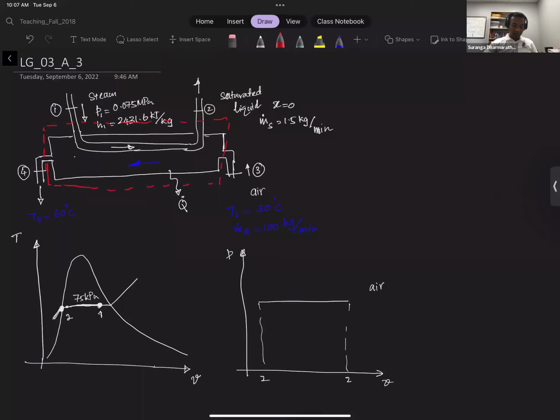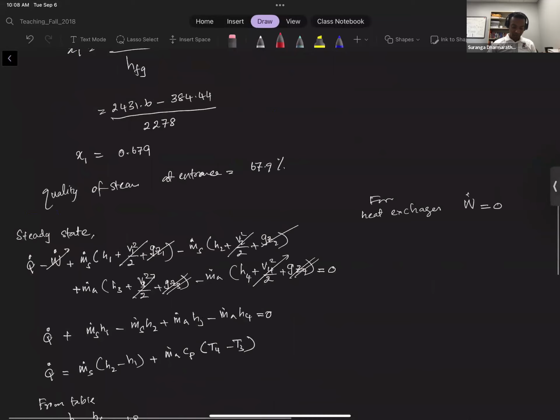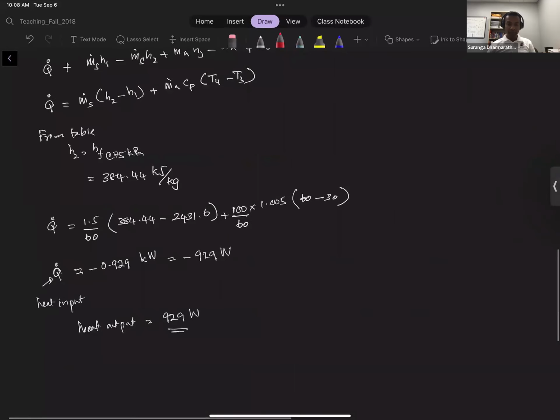During the heat transfer, heat is transferred from steam to air, but some heat escaped from the casing, and that energy is 929 watts.